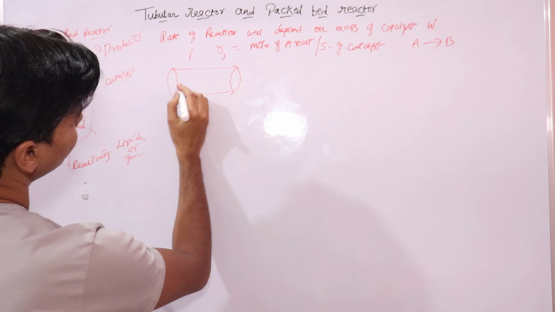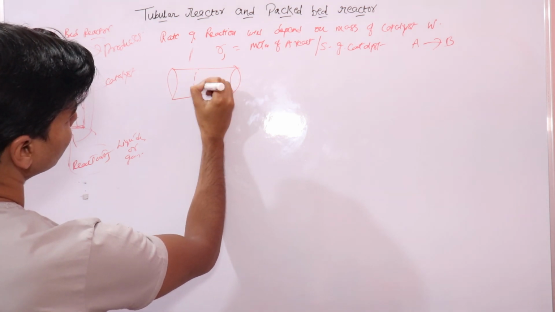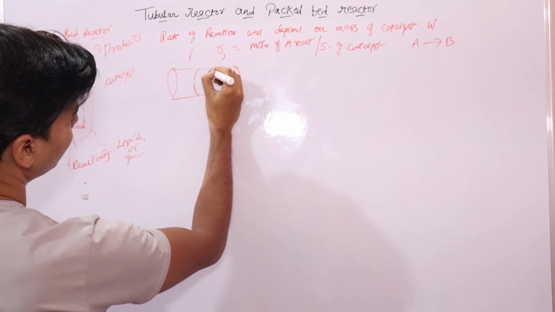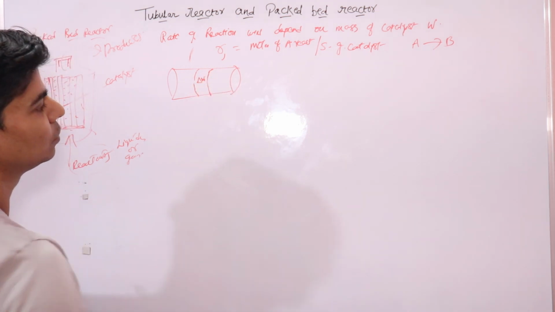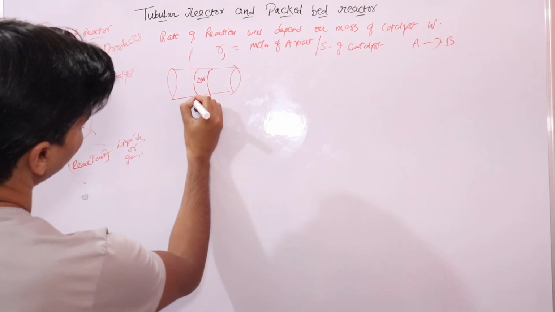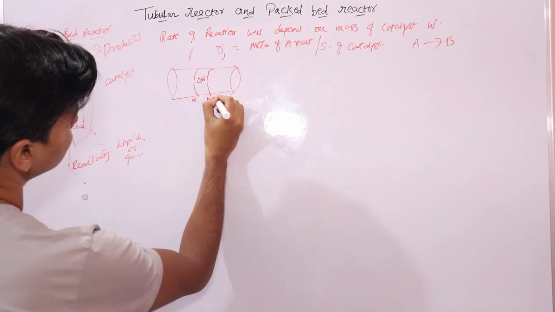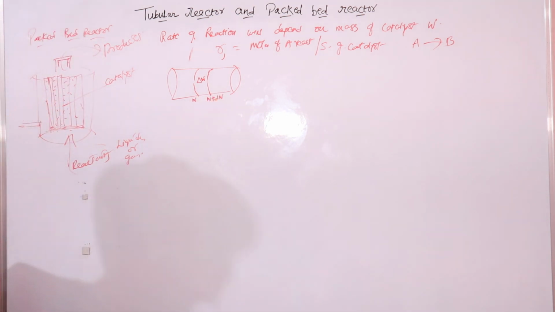Since the concentration of reactants will go down, instead of considering the volume, we will consider delta W, mass of the catalyst. Here it is W, here it is W plus dW. Then everything from the derivative perspective will remain the same.